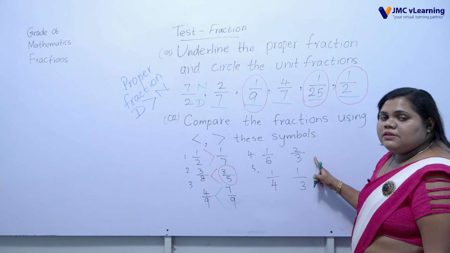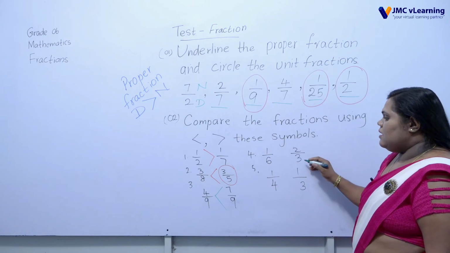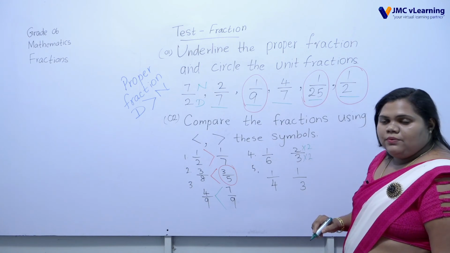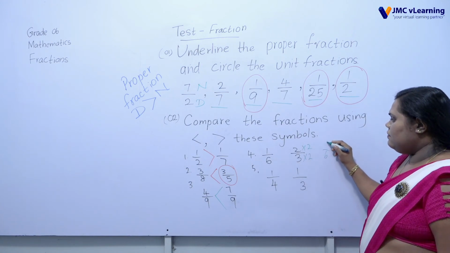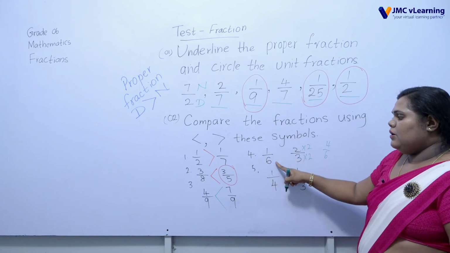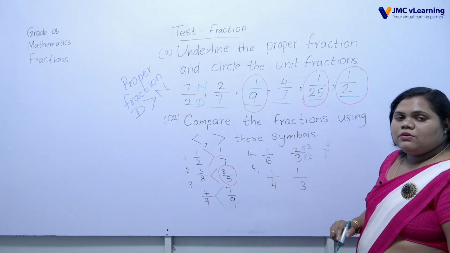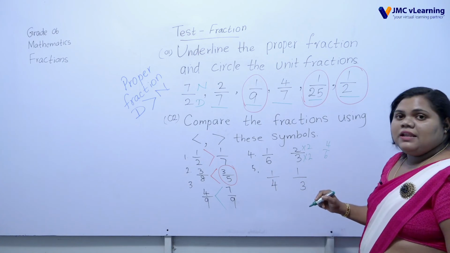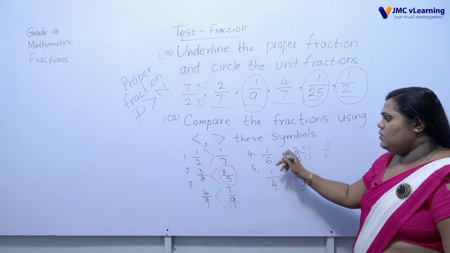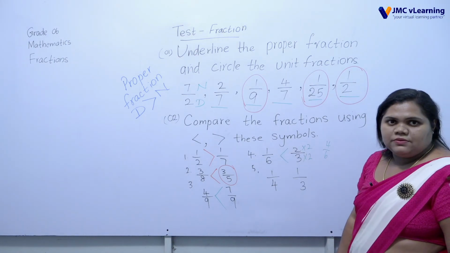Very easily we can convert this 3 into 6 by multiplying by 2. Okay, children. Now it means 4 out of 6. Are you clear? Now you are comparing 1 out of 6 and 4 out of 6. So what is the larger one? 2 out of 3 is larger than 1 out of 6. So this is the larger fraction.